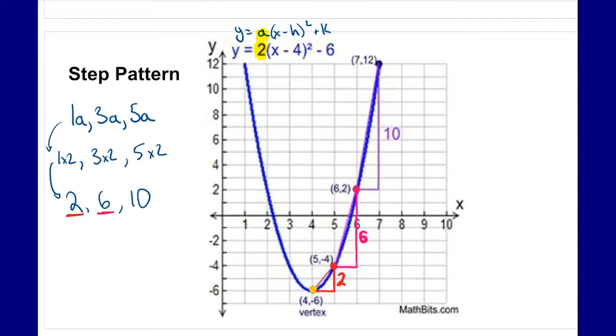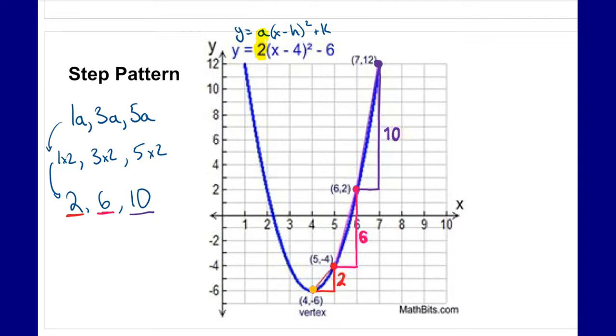Then from that point, we go over 1 again and up 5a to our last point. Up 5a would be up 10 in this case. So 5 times 2 gave us 10. That tells us on this third step I go up 10, and then I have 3 points.